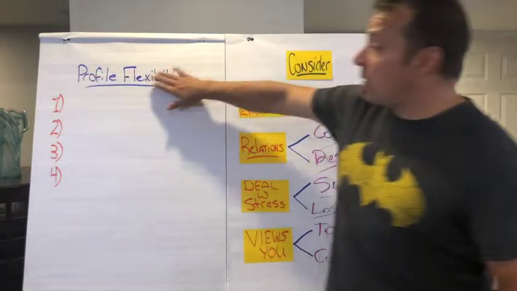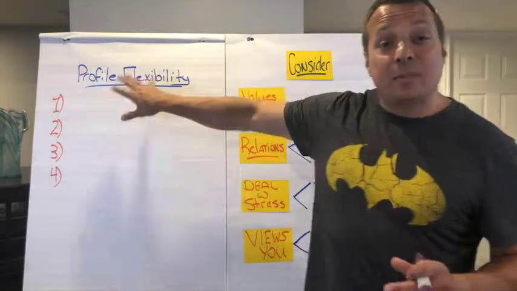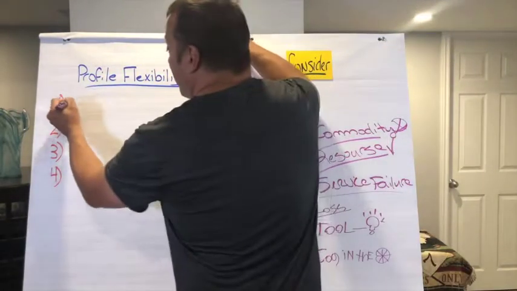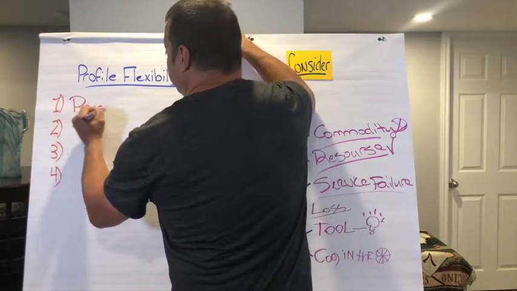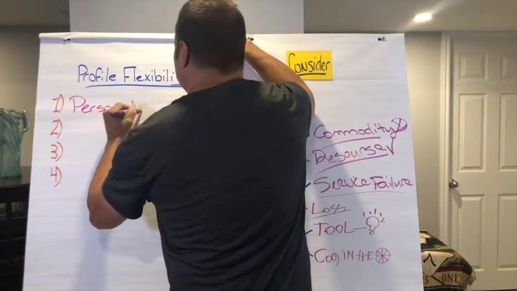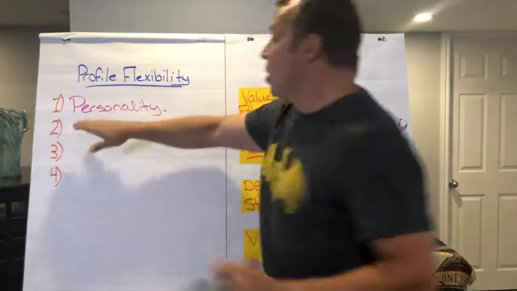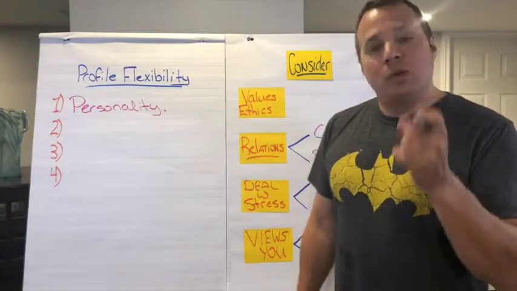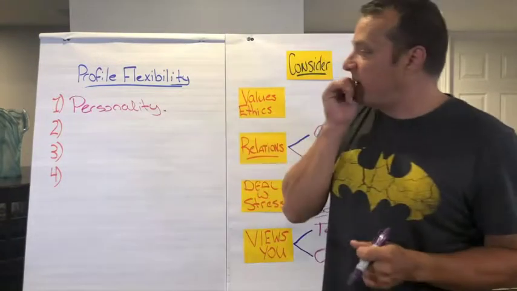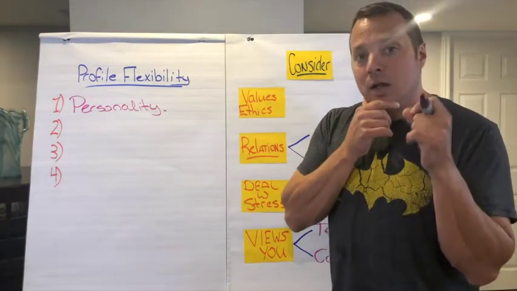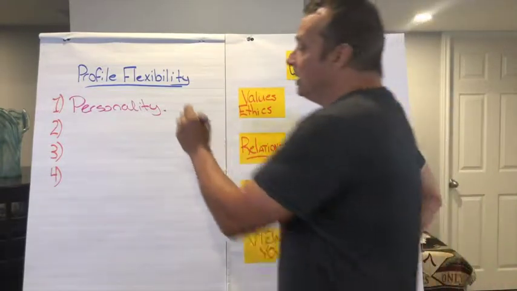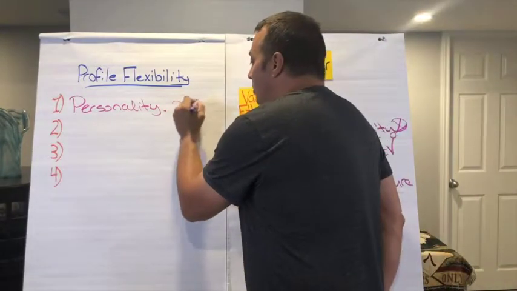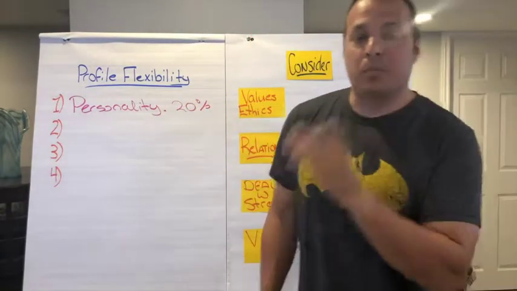So when I talk about profile flexibility, okay? The first one I'll talk about is personality. Right? What type of flexibility are you going to have in their personality? So for me, if I want an ironclad customer profile, I'm willing to bend, call it 20% on personality.